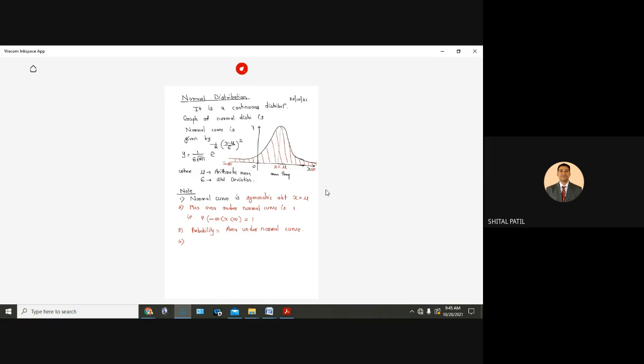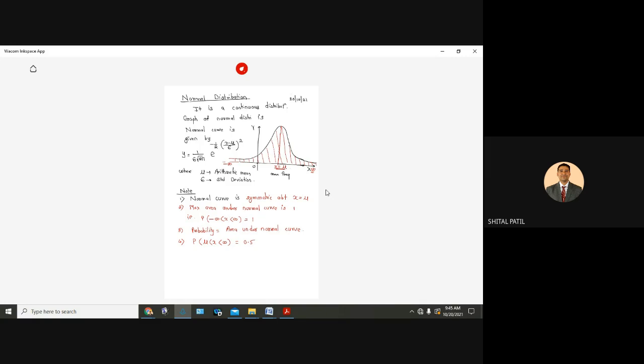Can anyone tell me what will be the area from x equal to mu up to x equal to infinity? What can the area be? The total area is 1. So half the area is on the left side of x equal to mu, half on the right side. So it will be 0.5.